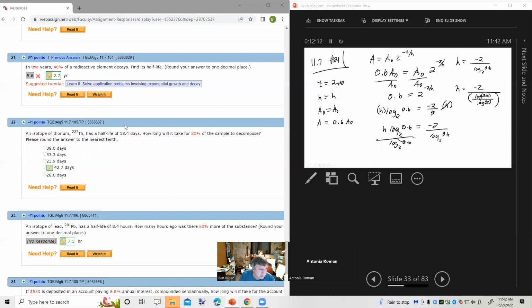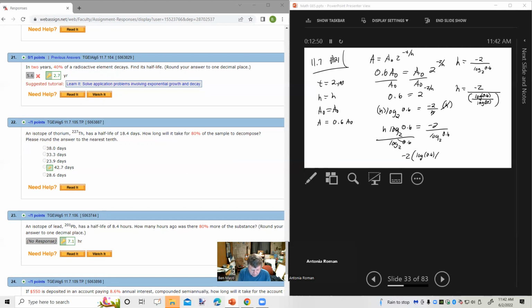Let's see, this is 21. So on my calculator, I'm going to go negative 2 divided by parentheses, log 0.6 close parentheses, divided by log, oops, pushed the wrong button there. Hang on a second.